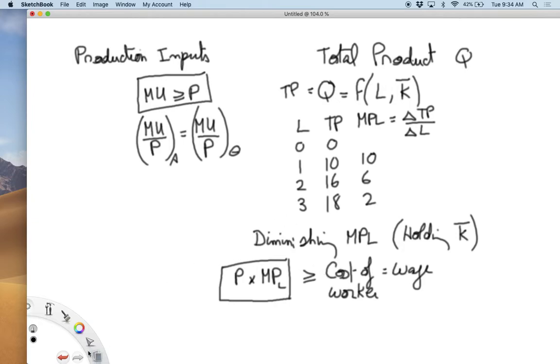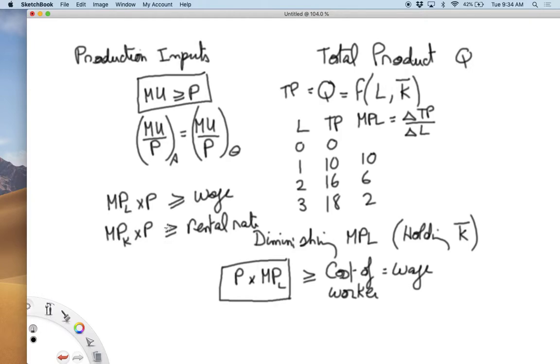Okay, and so we can rewrite these equations as marginal product of labor times the price, greater than or equal to the wage. If I'm deciding how many machines, marginal product of capital times the price of each t-shirt compared to the rental rate of the machine. That's the cost of the machine.